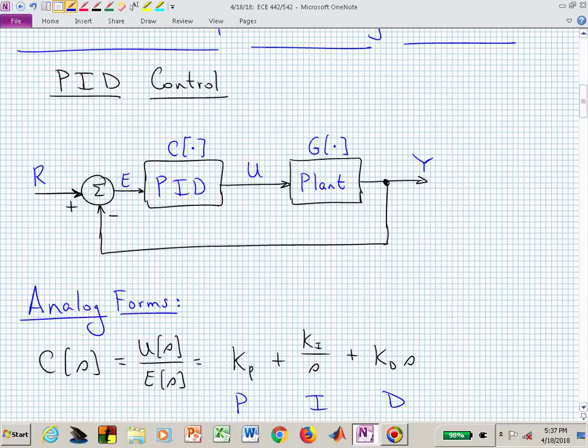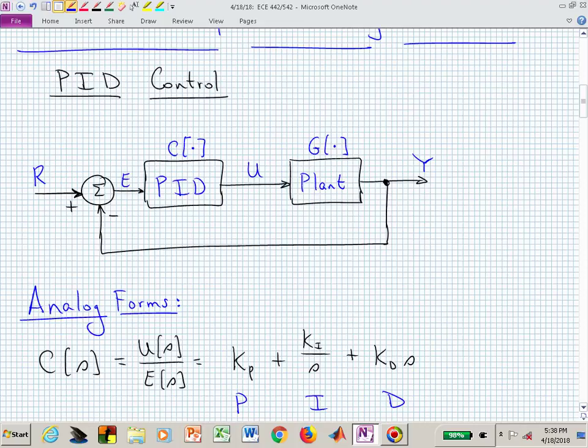And all of those adjustments provide you with flexibility in how you're going to control and manipulate the behavior of your closed loop system. You could think of that as having 3 parallel signals going in to form your input U into the plant, because you're adding up the proportional piece, the integral piece, and the derivative piece.